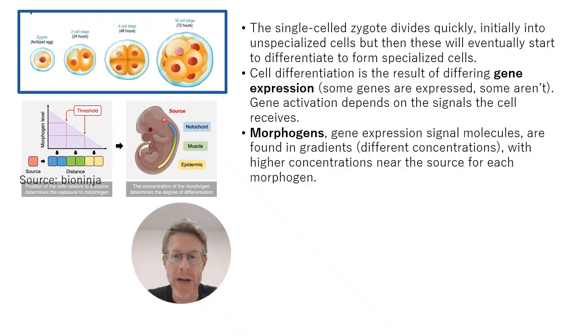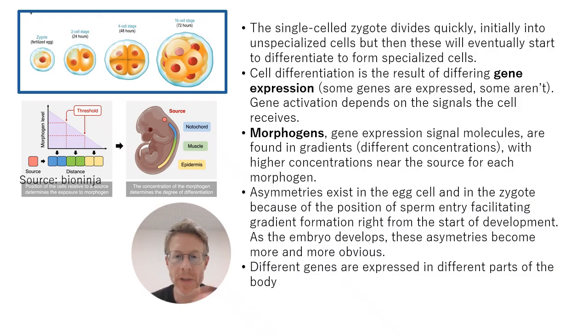They're found in gradients of different concentrations, with the higher concentration at the source of that morphogen, and then a lower concentration as you get further away from the source. That creates asymmetries right from the beginning in the zygote. And those asymmetries become more and more obvious, leading to more and more differences in gene expression in different parts of the embryo as it develops.